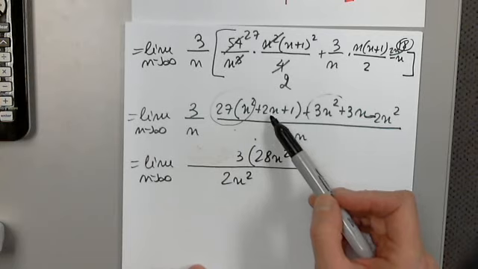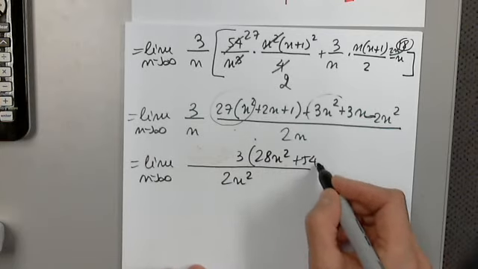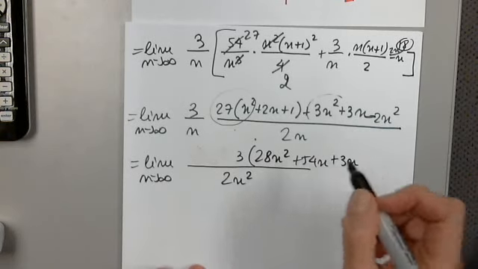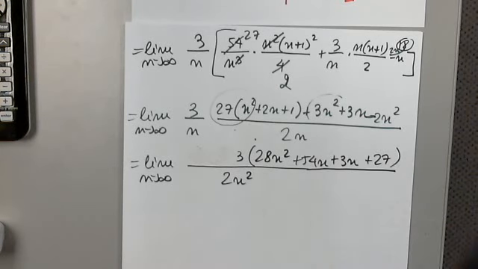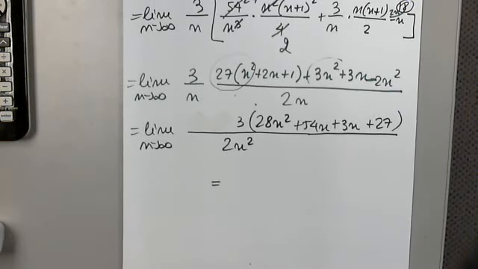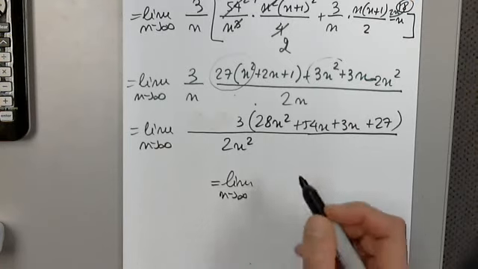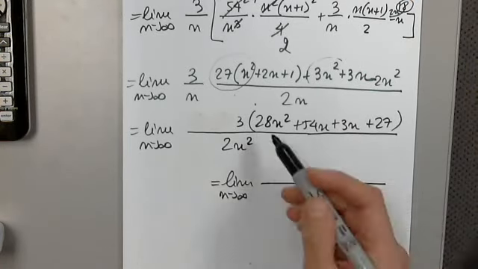Then 27 times 2n is 54. So plus 54n. And then plus 3n. And then plus 27. You can already give the answer. If not, with 28, right?